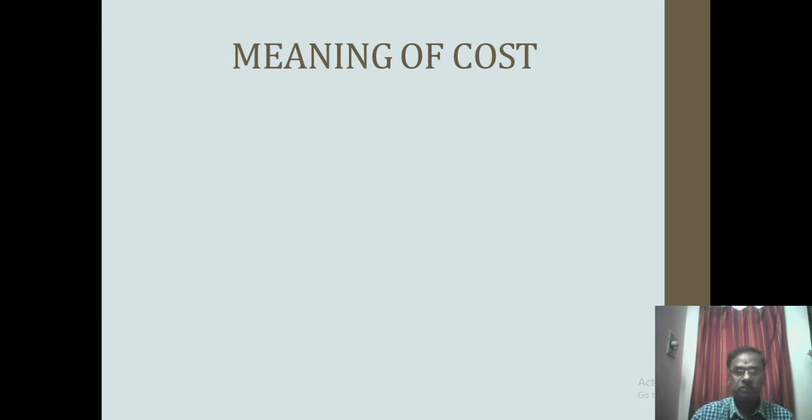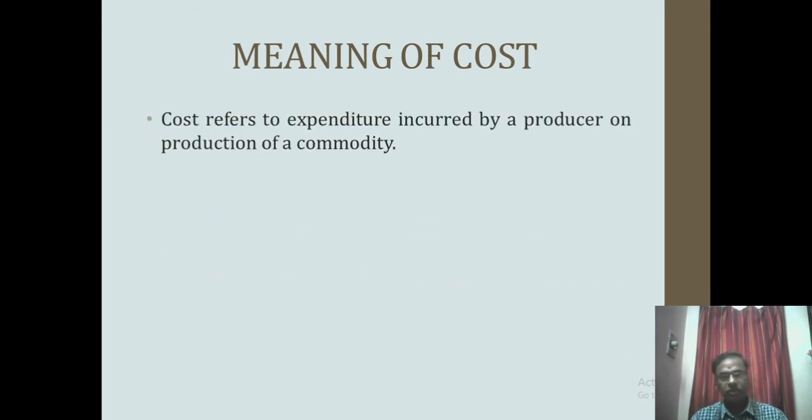What is the meaning of cost? The producer, to produce a commodity, purchases various kinds of inputs. To buy the inputs, he spends money. So the expenditure incurred by a producer on production of a commodity is known as cost.